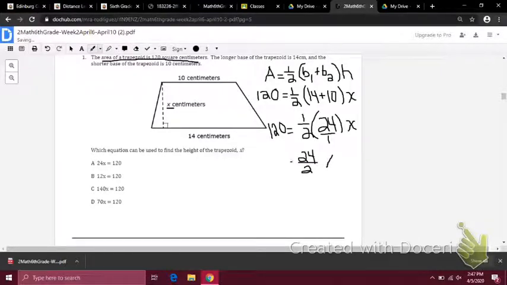You can skip that step if you already know what 1/2 of 24 is. I'm just trying to help those who need to see it visually. So 24 divided by 2 gives you 12. Then bring down your x, your equal sign, and your area of 120.